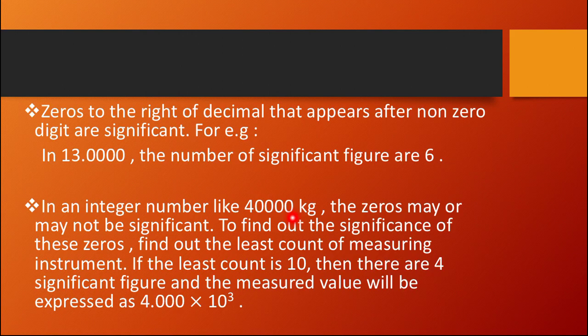We will be left with 4,000 and then writing that 4,000 in scientific notation, we will get the term 4.000 multiplied by 10 raised to power 3. So here you can see that these three zeros lie to the right of the decimal point and the decimal appears after the non-zero digit. So these zeros should be considered significant. Here the number of significant figures is 1, 2, 3 and 4.